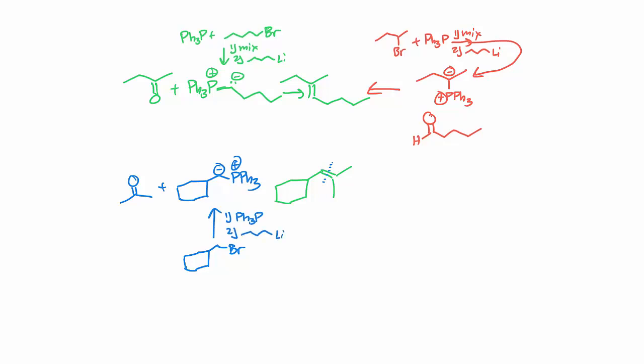So this is a primary alkyl bromide. That should be a pretty easy SN2 reaction to make my Wittig reagent, giving me this compound, which can then react with acetone to make the desired tri-substituted alkene. So those are just the thought processes you want to think about when you're preparing Wittig reagents.